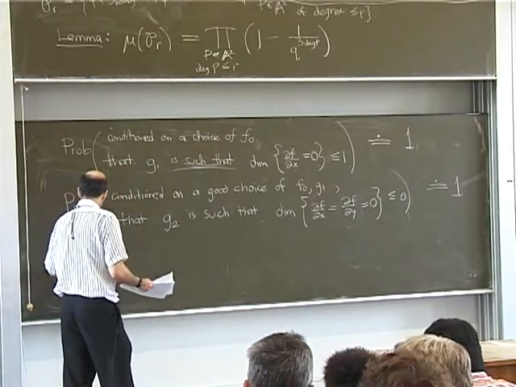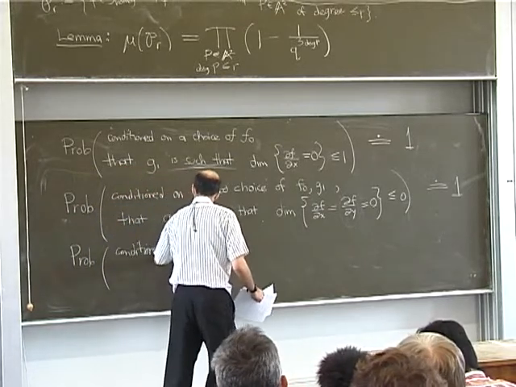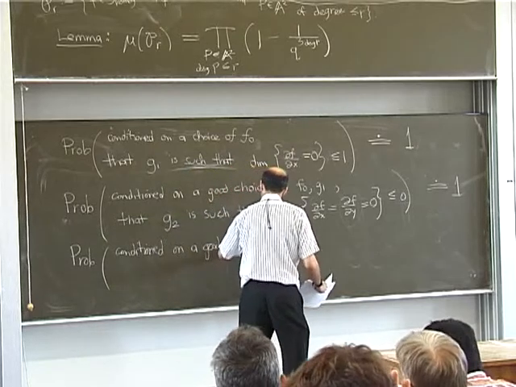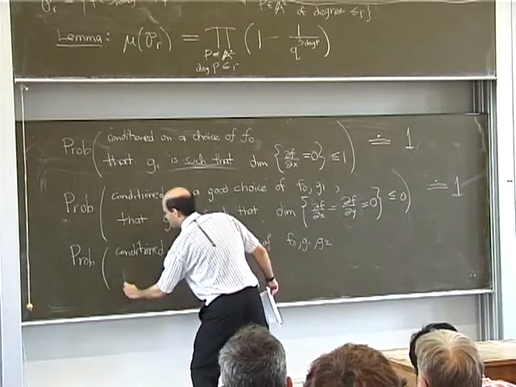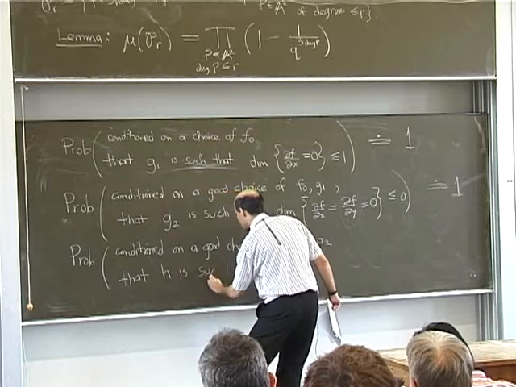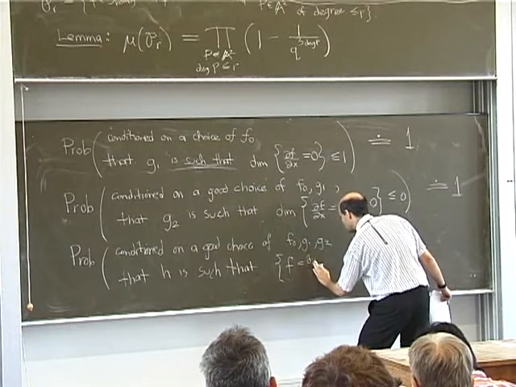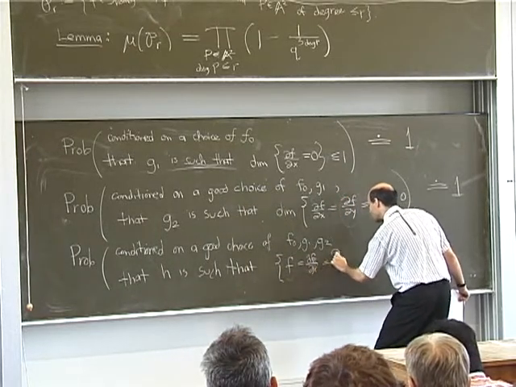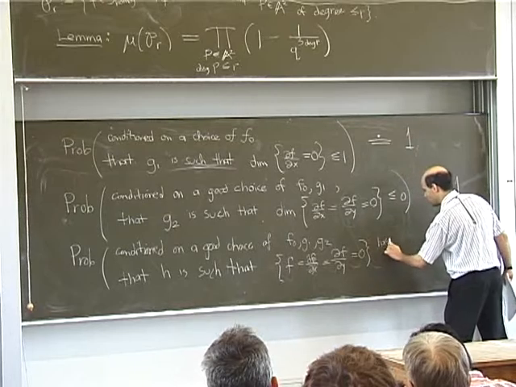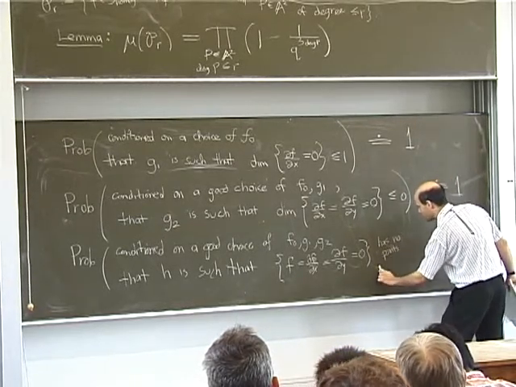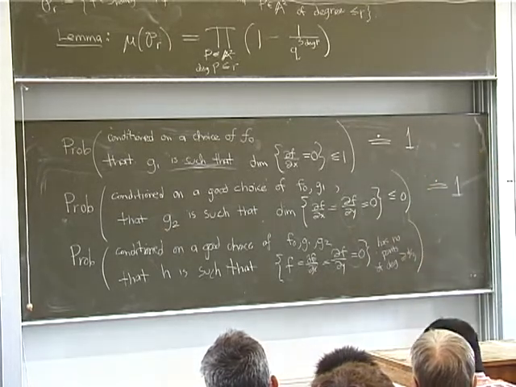And then finally, you add in the last condition, namely, now you say conditioned on a good choice of these first three, of f0, g1, and g2, what's the probability that h is such that this whole set has no points of high degree, of degree greater than or equal to d over 3?